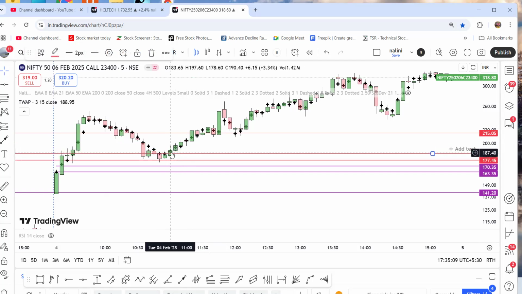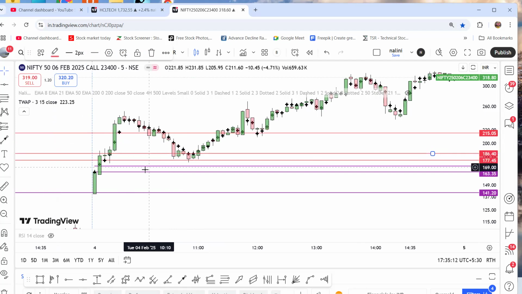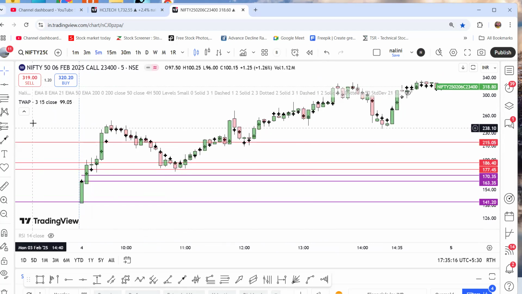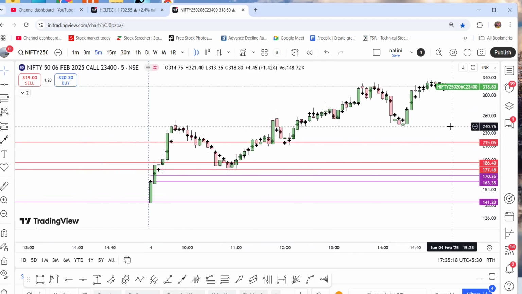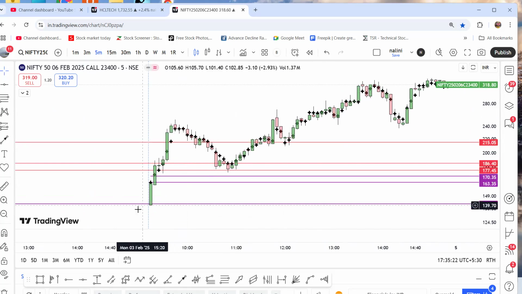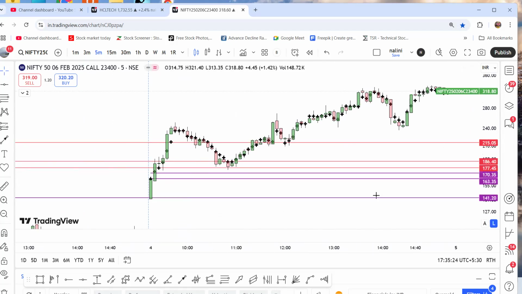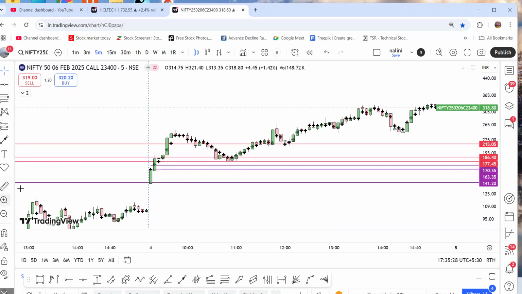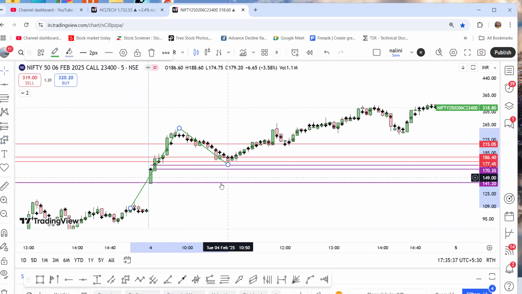Once you enter into the market, you should plan for your exit also, and you should anticipate the targets. When it is showing reversal, it is like a trend structure. What you can do is take the tool and draw here, and this is a measured move.